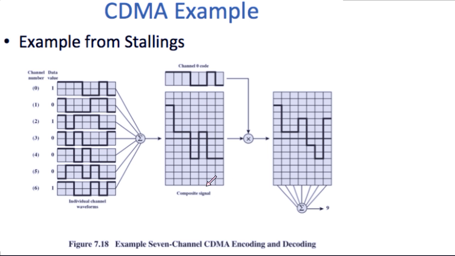Here I've got 7 different signals. These are the individual channel waveforms. These are the things that each of the users or channels sent out onto the air. And because it's a shared medium, they all superimpose. That is, they all add up. So look, I have a +1, +1, +1, +1, +1, -1, +1. So I have 1, 2, 3, 4, 5, 6 positives and 1 negative.